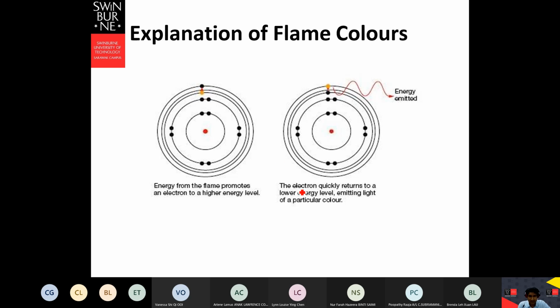This is a nucleus, and around it there are electrons, right? They can stay here, or they can stay on the outer side also. This is an electron as well.